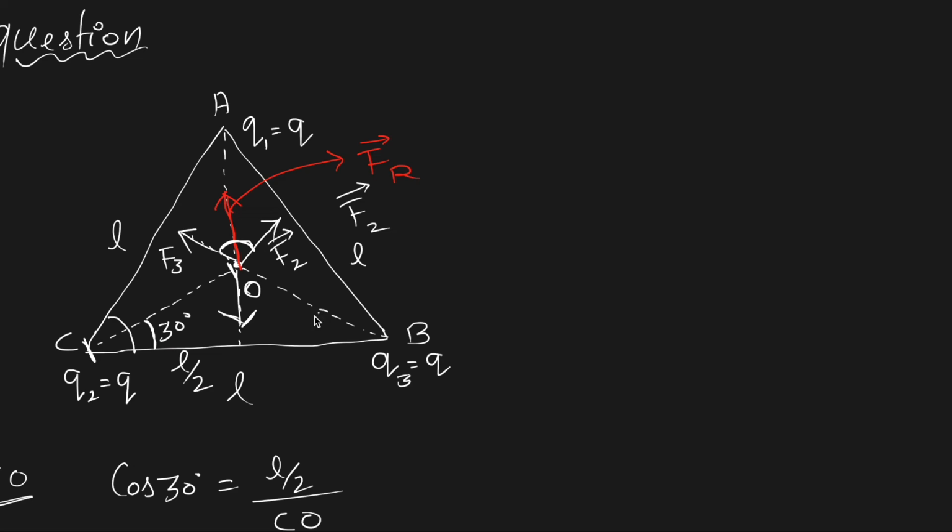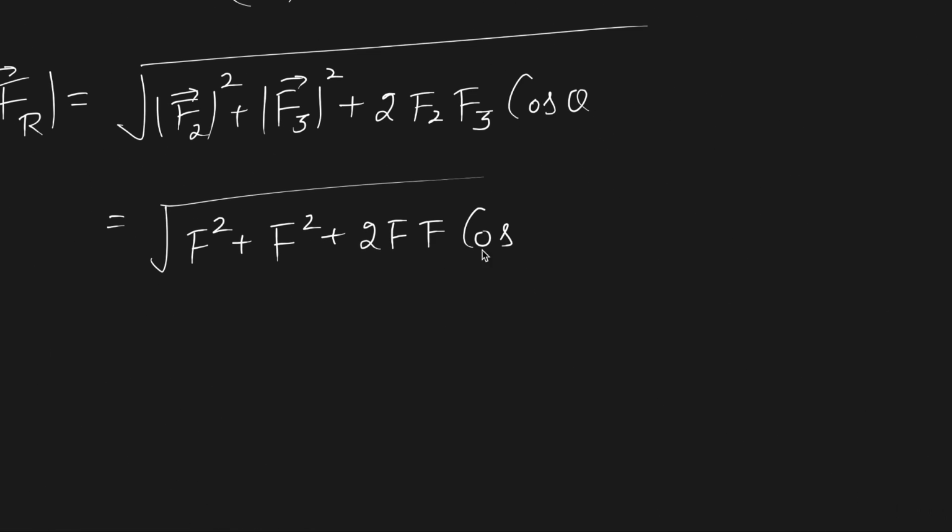Then this is 30 degrees, and this angle becomes 120 degrees, because the sum of the angles of a triangle is 180 degrees. This is equal and opposite, and it becomes 120 degrees only. So theta is 120 degrees.